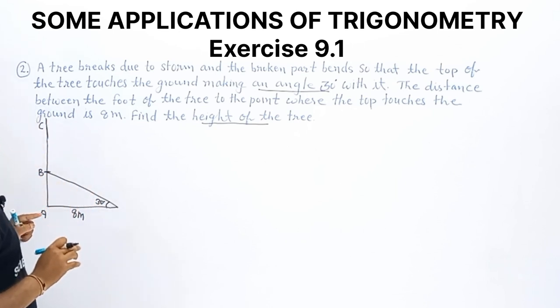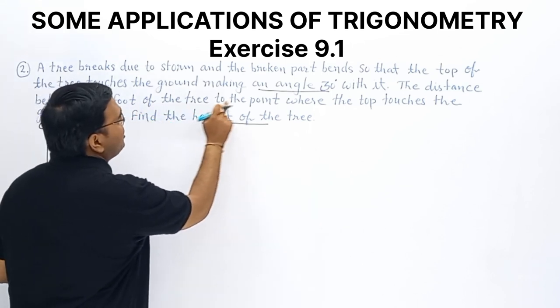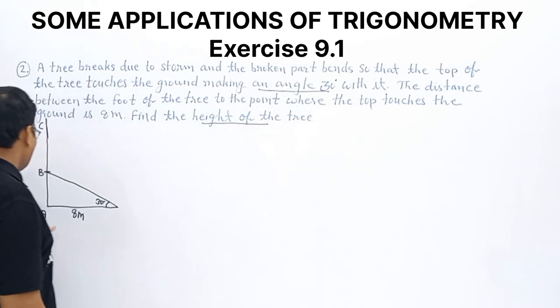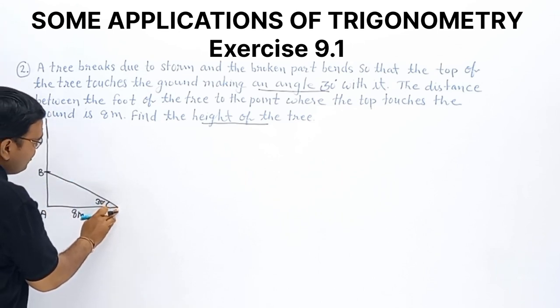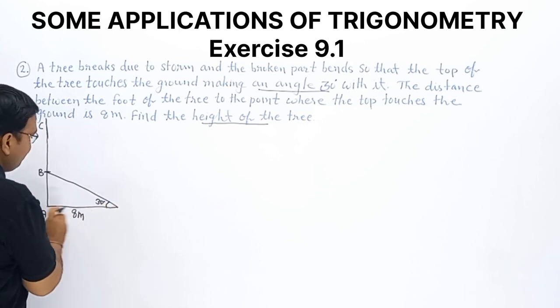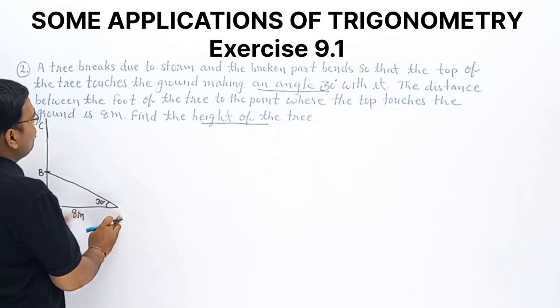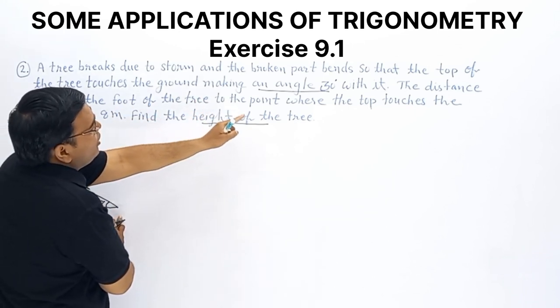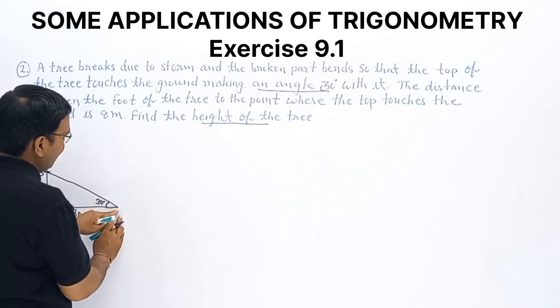Clear? Then the other thing given is the distance between the foot of the tree and the point where the top touches. This is the tree and its foot is this one, and the top touches the ground after breaking at this point.